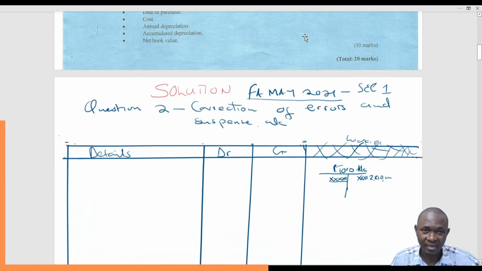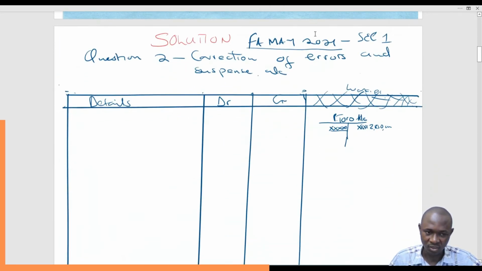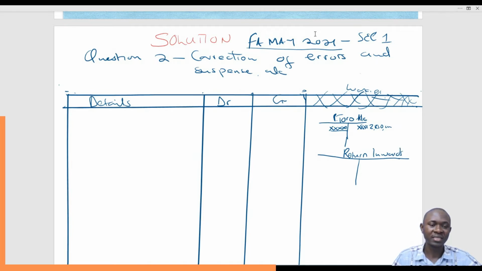So we need to make an entry in the returns account. And when goods are returned to the business, we call that the return inwards. Return inwards. And because the goods will be received by the business, it will be debited in the books of the business. So return inwards is a debit account, so that the goods have come back to the business. So this figure is supposed to be here.